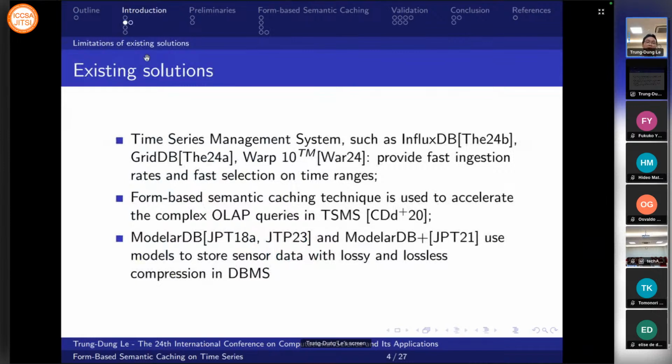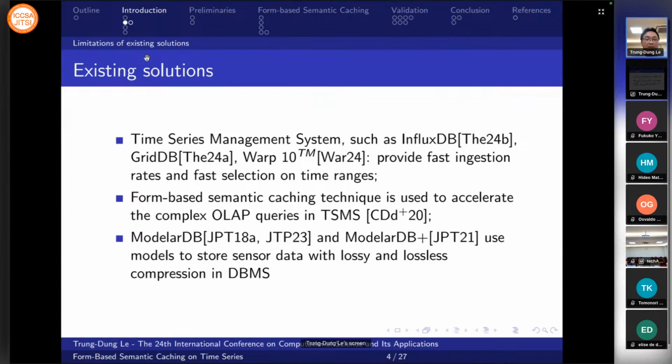Another question is reducing the space of data stored in the in-memory database. With this context of time series data, we have existing solutions. With time series management systems, we have many database systems like InfluxDB, RedisDB, and WebTen. They provide fast ingestion rate and fast selection on time series.